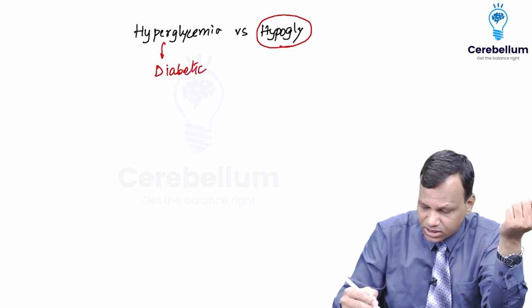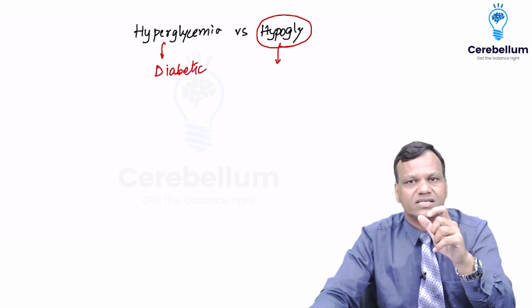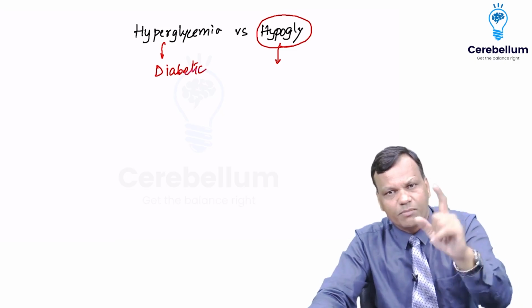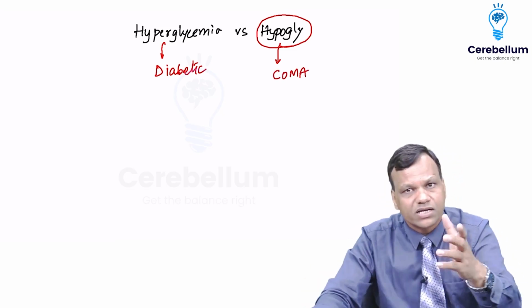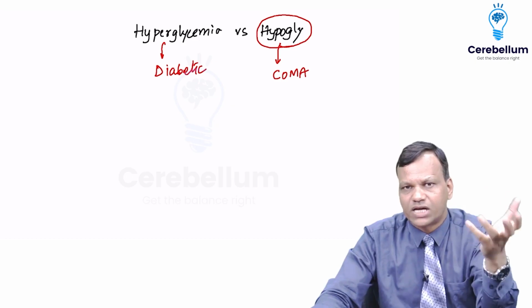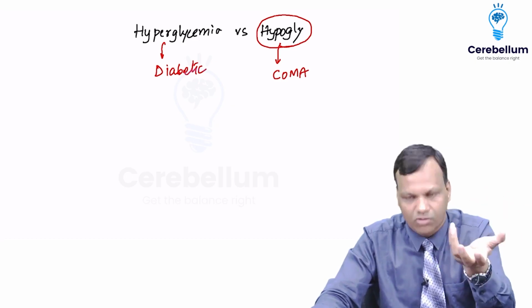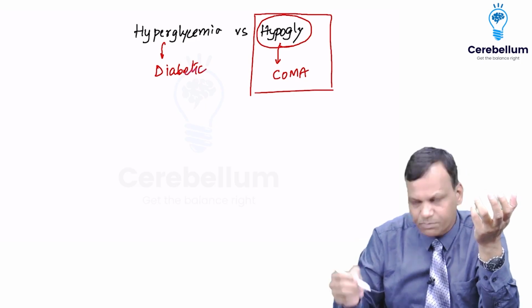Okay. But on the other hand, if there is hypoglycemia, blood sugar less than 60, and it is present for just 1 minute, the person will go into coma. So that is an emergency. So the sympathetic system will try to protect from which? Hyperglycemia or hypoglycemia? Obviously hypoglycemia, because the function of the sympathetic system is sympathy.